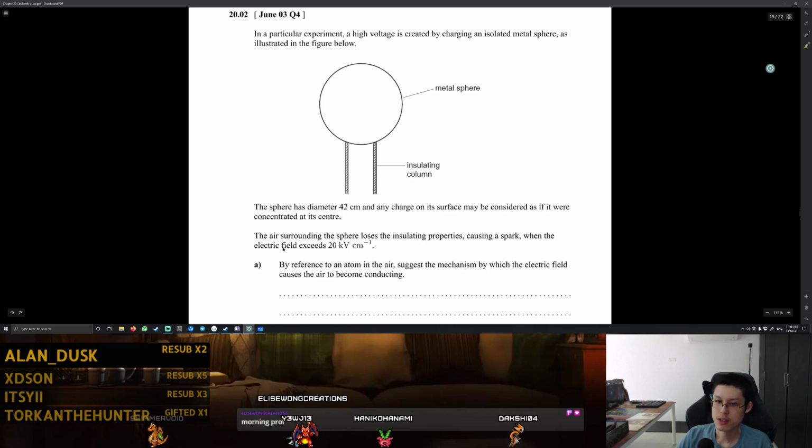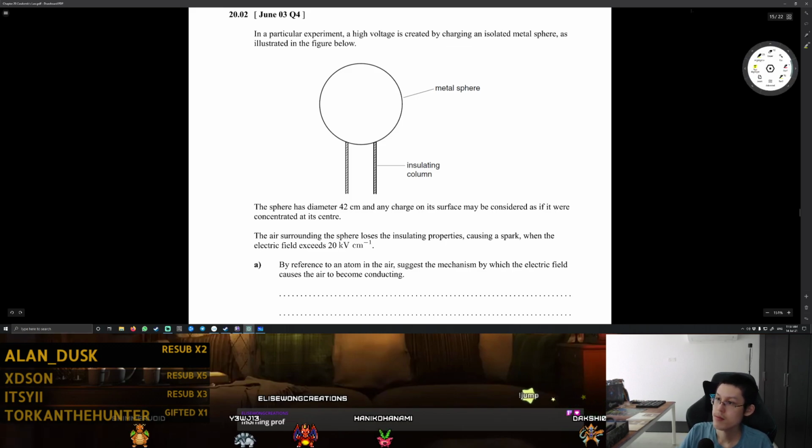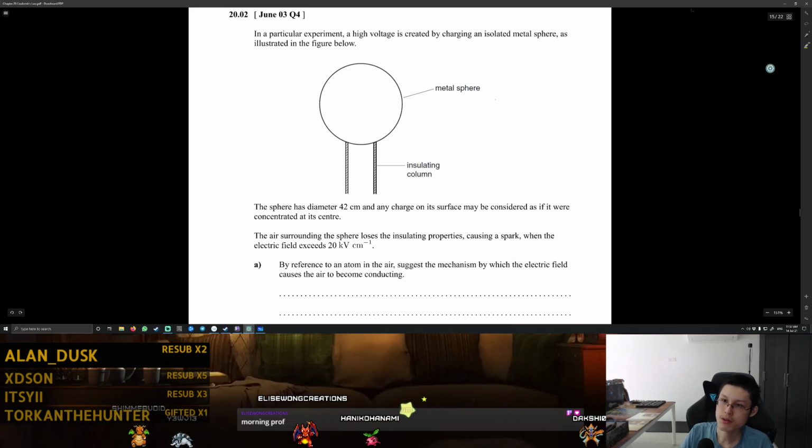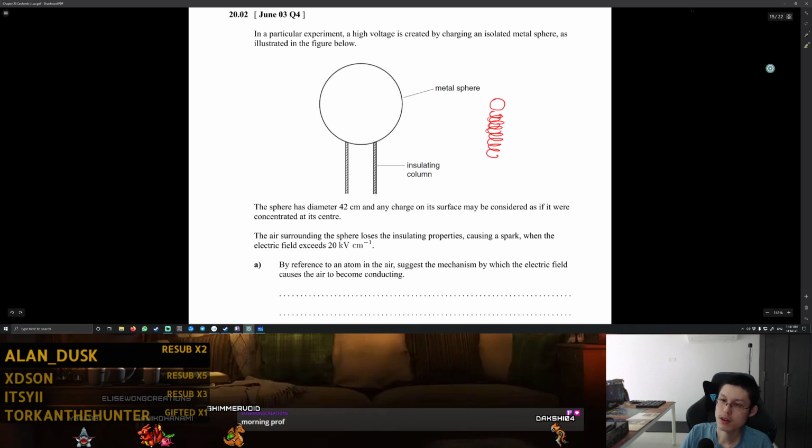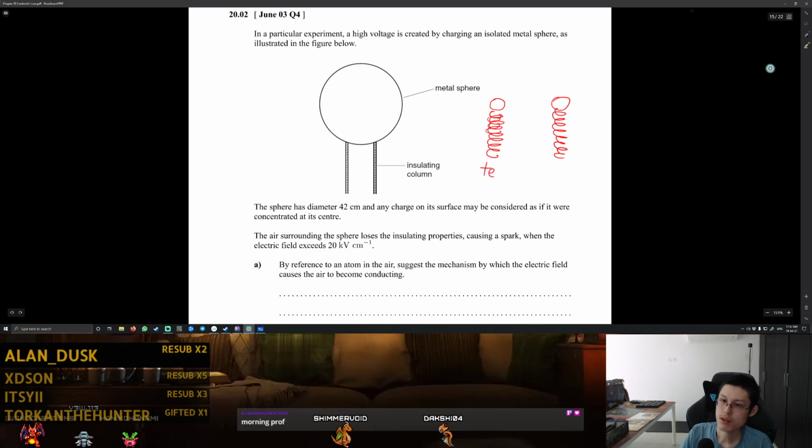So I'm not sure whether you have seen this before, but there are things called Tesla coils. They kind of look like something like this. You have these coils around, and then you have another thing. They're called Tesla coils.